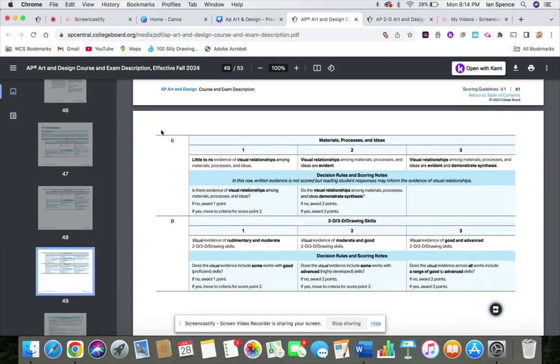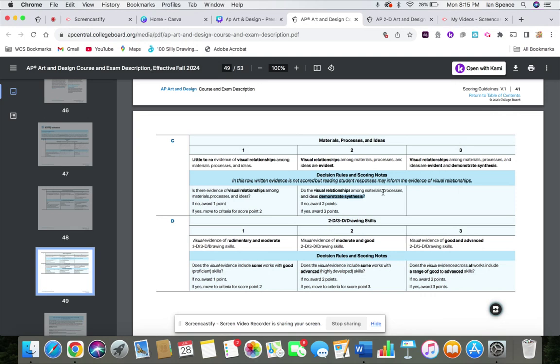Then on row C, they're looking for materials, processes, and ideas. Here we are with synthesis again. So again, they're looking for your decision making, and making sure that the decisions you make really coincide with and help guide this inquiry and help shape your artwork. And we'll go over that with your synthesis project as well.